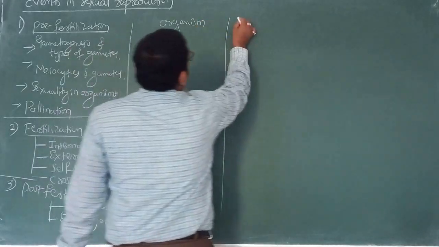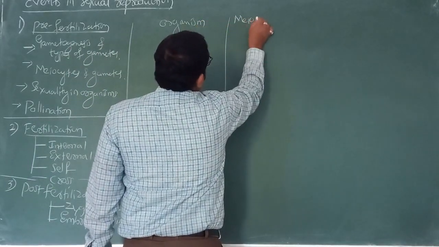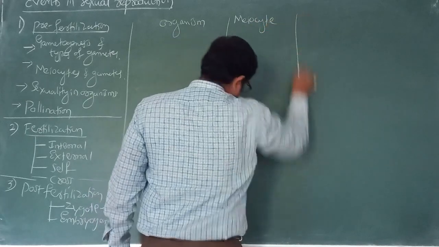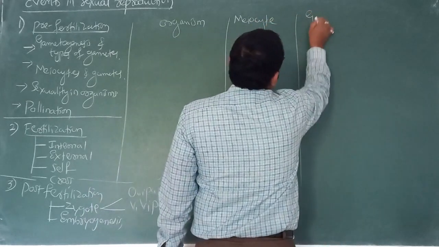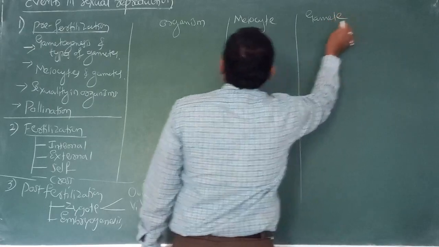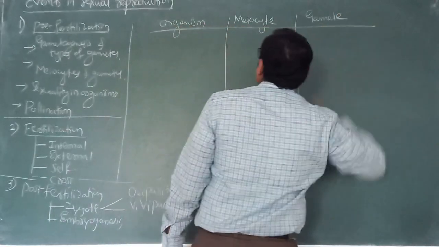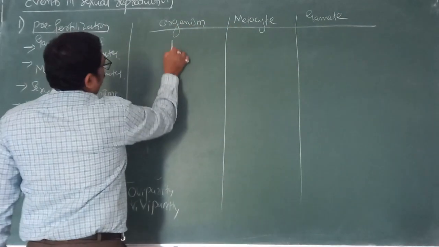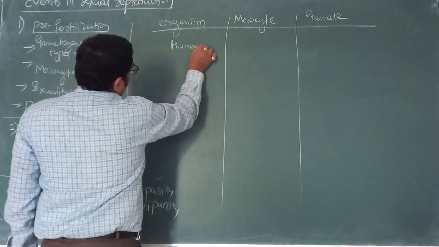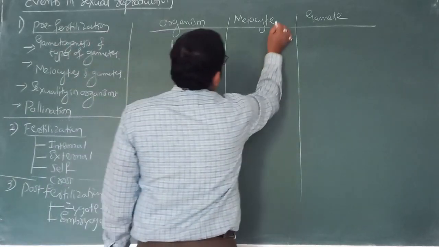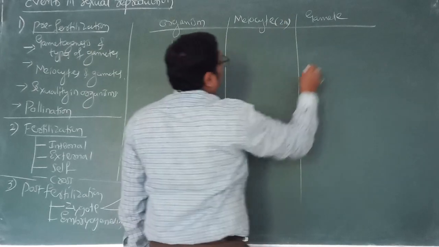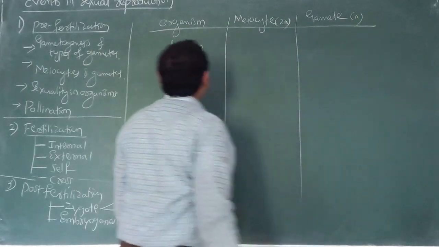So let us understand mainly the organism, then the meiocyte, and then the gamete. Organism as such, human: meiocyte diploid, gamete haploid.